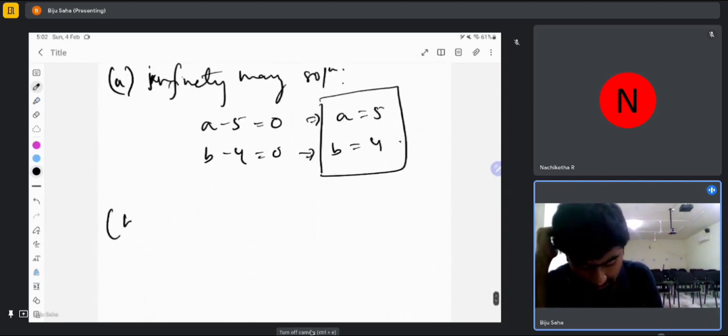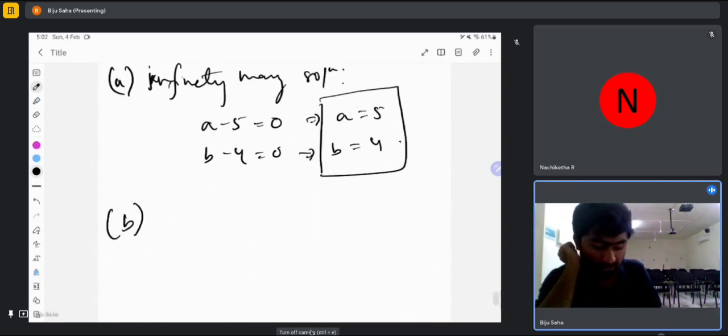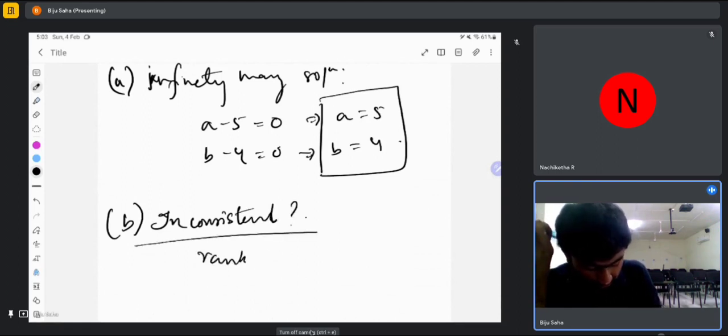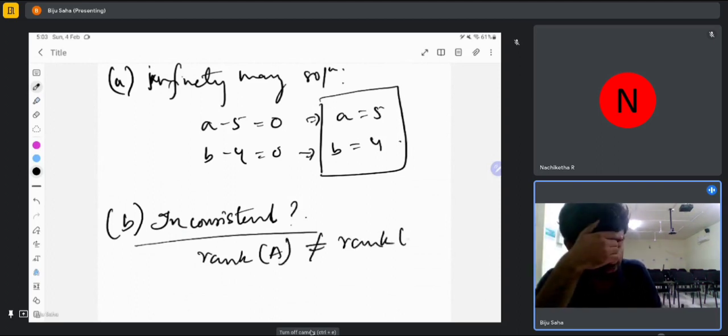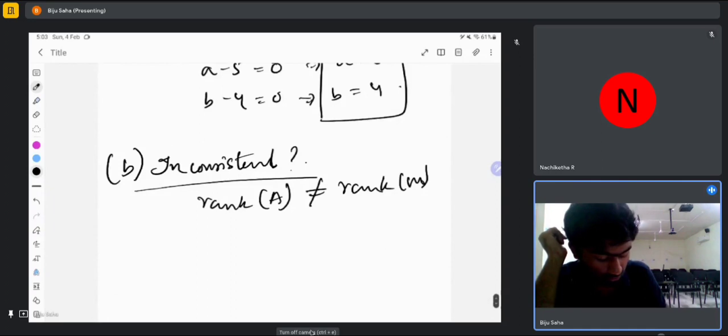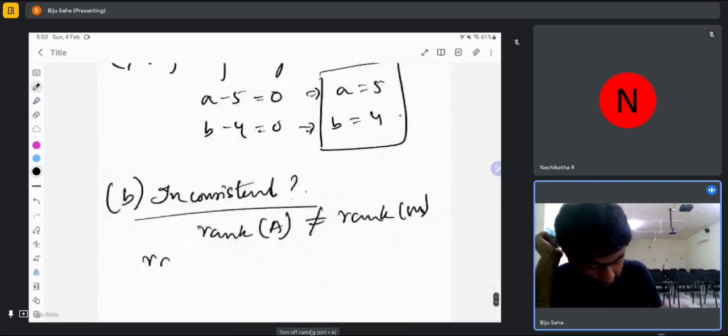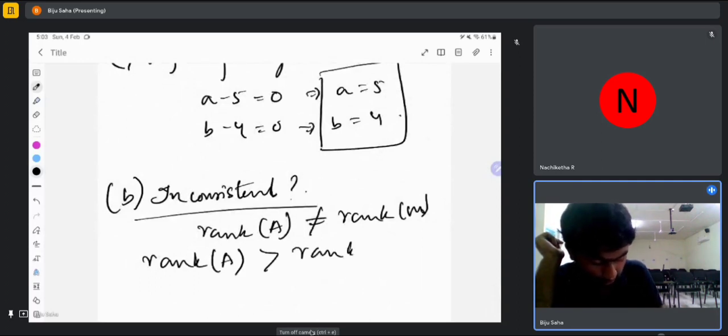Now the next criteria is what are the values of a and b that could make the system inconsistent. So the inconsistent criteria was the rank of the augmented matrix is unequal to the rank of the coefficient matrix. And obviously it is known that the rank of the augmented matrix is always greater than or equal to the rank of the matrix.